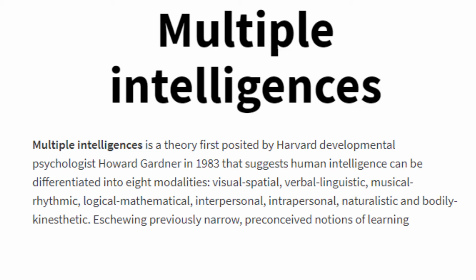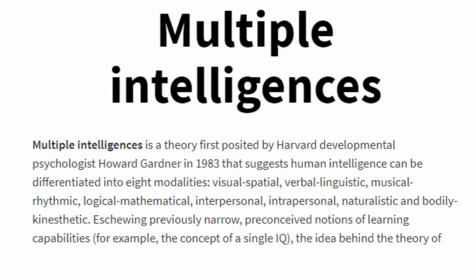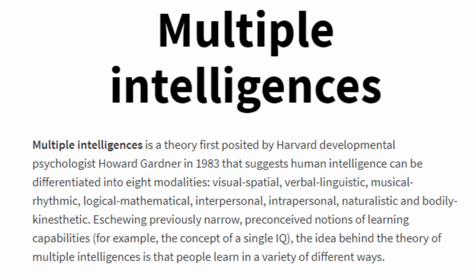So skewing previously narrow preconceived notions of learning capabilities like the IQ test. The idea behind the theory of multiple intelligences, and this is the kicker line, is that people learn in a variety of different ways.